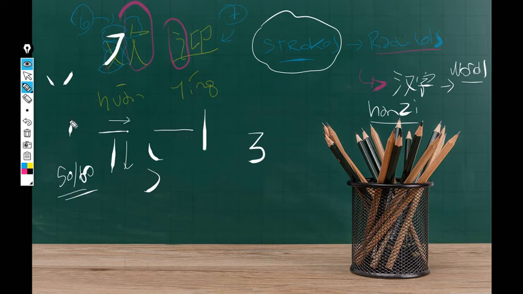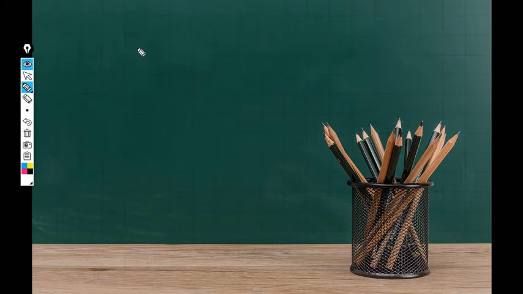That takes me to my next point: the number of strokes. This is a very, very important thing. Why? Because, for instance, let's go back to this character.